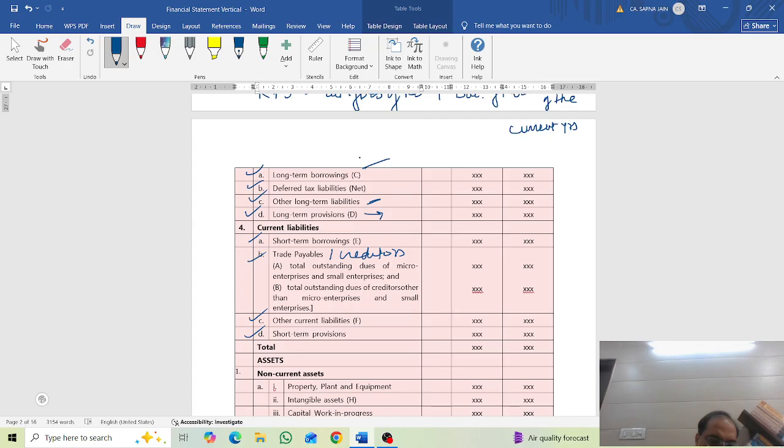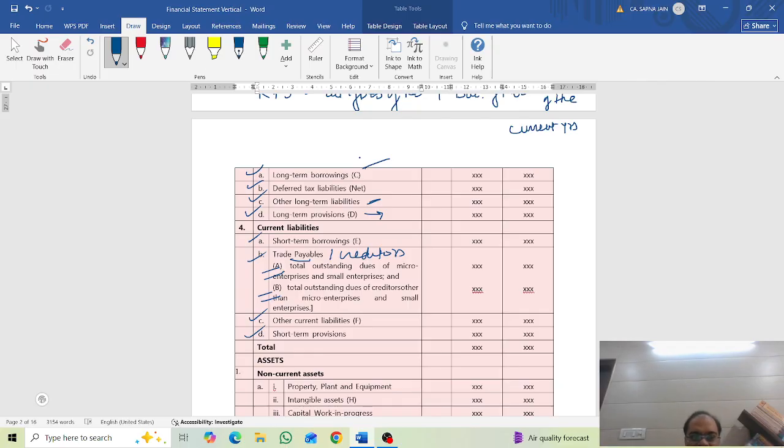You have to show separately trade payable to MSME and trade payable to others. Trade payable we have to show in 2 parts. Number first, trade payable to MSME, or number second, trade payable to other than MSME.